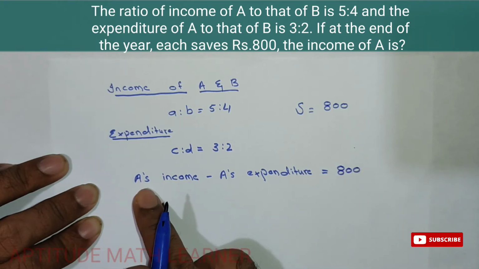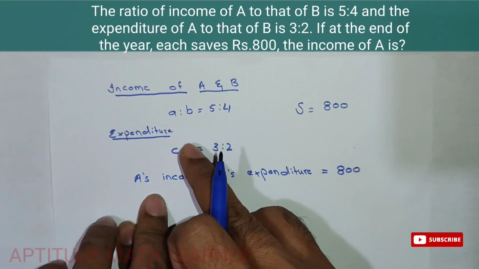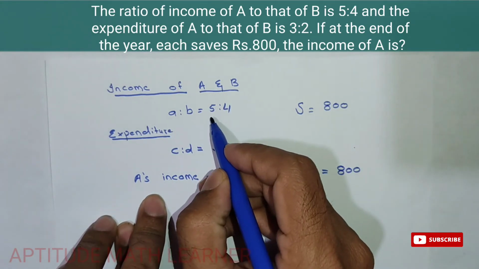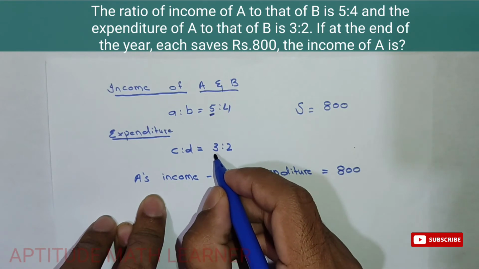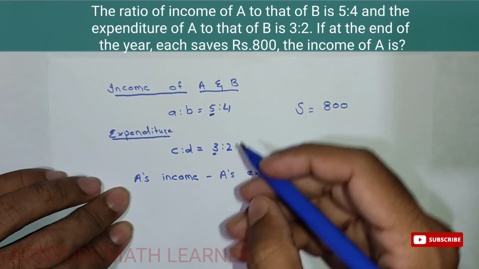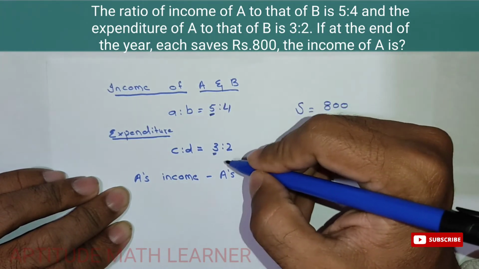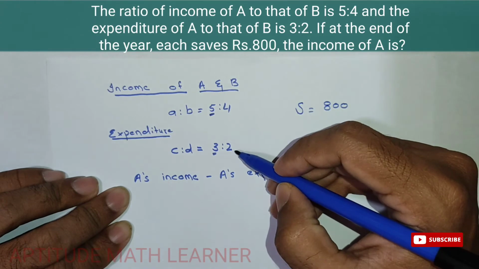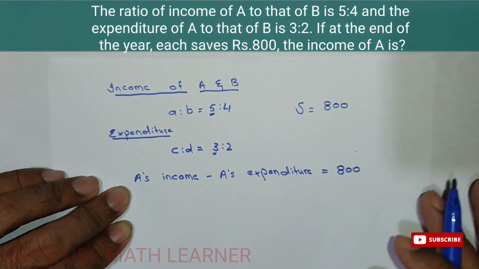Here we have A's income in the ratio 5, and its expenditure in the ratio of 3. So this portion is A's income and expenditure, and 4 and 2 are B's income and expenditure.